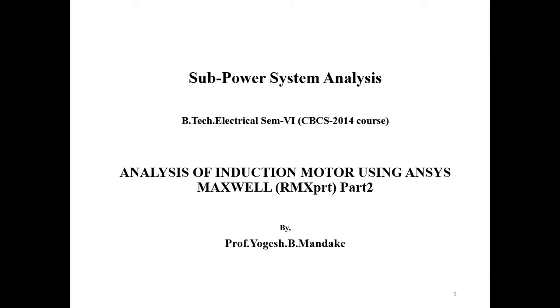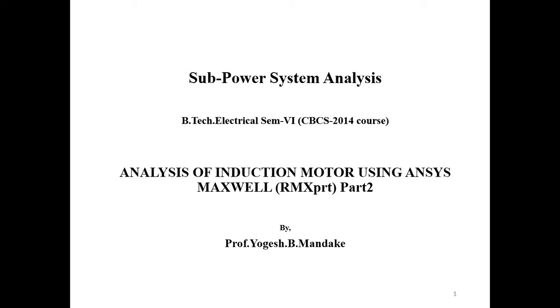So before starting this part 2, let us revise the part which was covered during the last lecture. During the last lecture we had discussed the use of the ANSYS Maxwell software. This ANSYS Maxwell software is mostly used for the study of magnetics or magnetic theory.